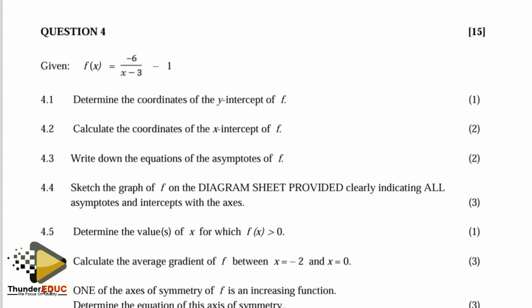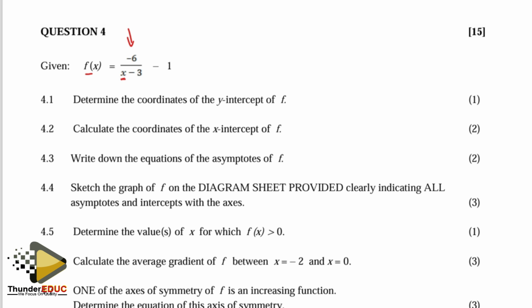So I'm going to look at the first one, question number 4. We're being told that f of x is negative 6 over x minus 3, minus 1. The question is, what type of graph is this?